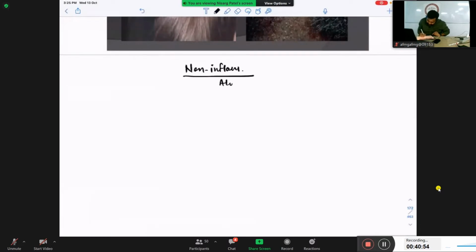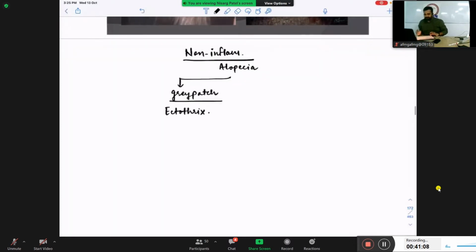The first is gray patch. In this gray patch, I will have an ectothrix infection. It is due to Microsporum canis.